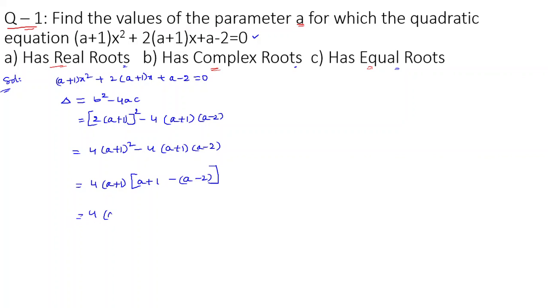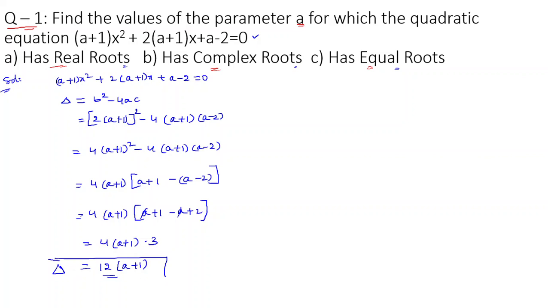So now this becomes a plus 1 minus a plus 2. Minus a and plus a get cancelled. 4 into (a plus 1) into 3. So now this becomes 12 into (a plus 1). So discriminant is 12 into (a plus 1). So this is our discriminant.